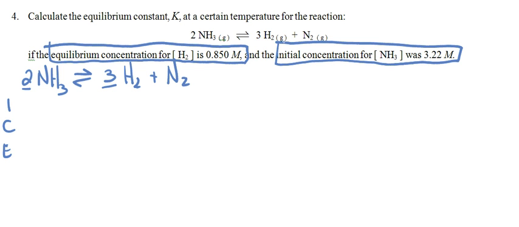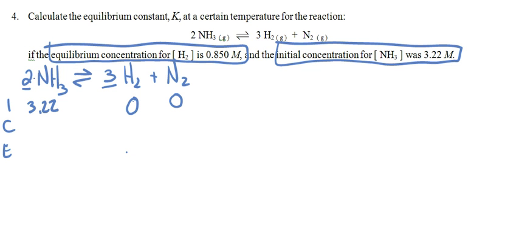If you understand what the equilibrium concentration is, it doesn't appear here, it appears at equilibrium. So I'm not given any information about hydrogen and nitrogen initially. We have nothing initial about hydrogen and nitrogen. The only thing that we have initial for is the ammonia, which is 3.22. The only information that's given for the hydrogen is at equilibrium.